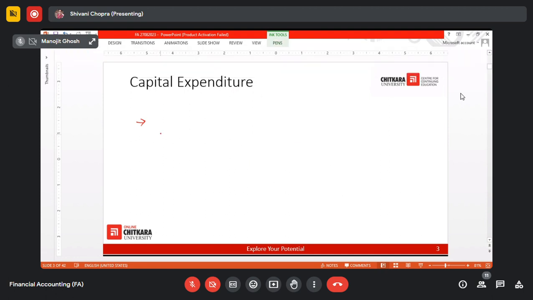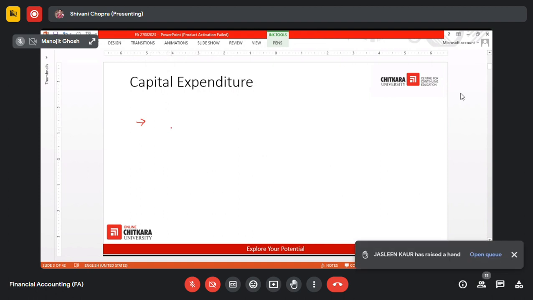Okay. Anyone else? Ma'am, amount spent on acquiring assets. Yes, very right. Amount spent on acquiring assets. Okay. What else? What is capital expenditure?